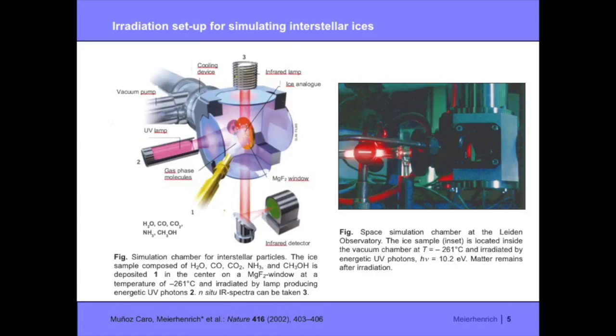Here you see the experimental setup in the lab, the high vacuum chamber, the deposition tubes, our lamp that was used. And in this first experiment we used light of energy 10.2 electron volts, which corresponds to 120 nanometer. So this is one line which is known to be the Lyman alpha line. So this Lyman alpha line, of course, is very present also in interstellar environments.